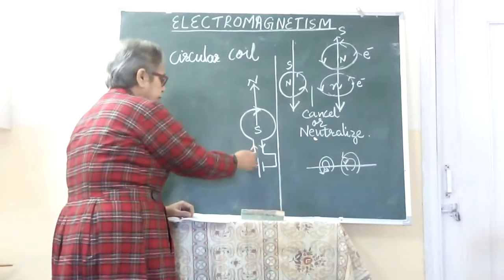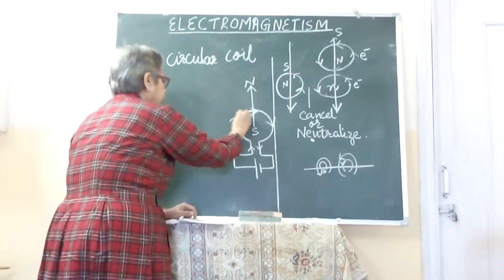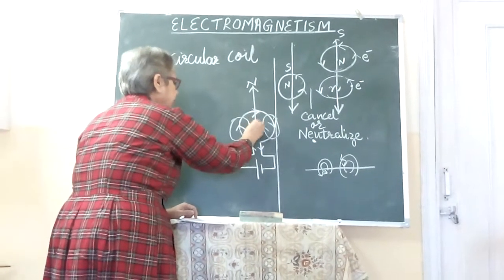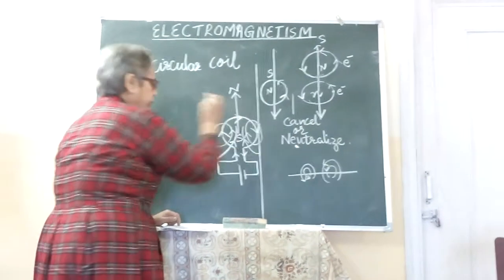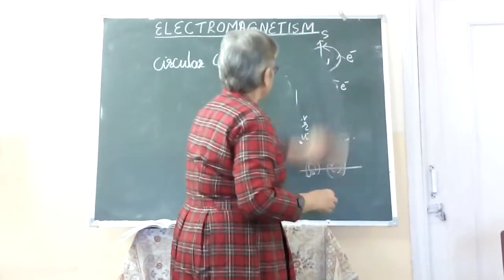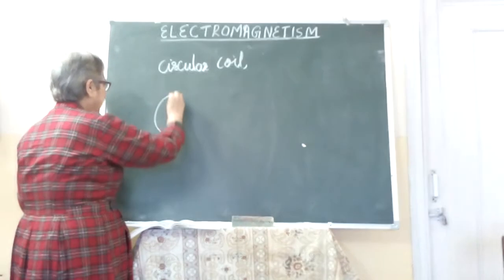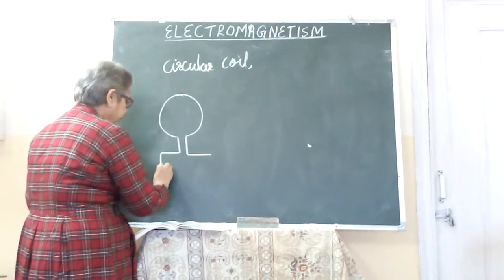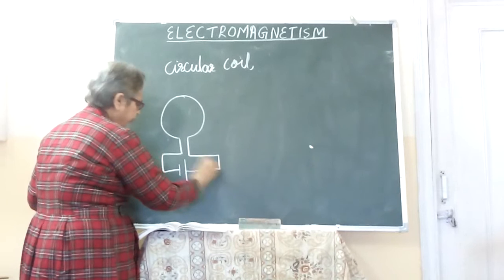Now it is like this, but you can show here that the field lines are merging inside, because this is south pole, right? Now what happens when we change the polarity of the battery, and the positive side now becomes negative and the negative side we now change to positive?